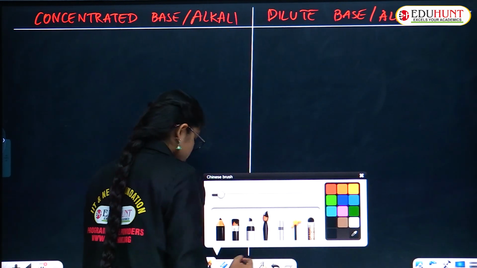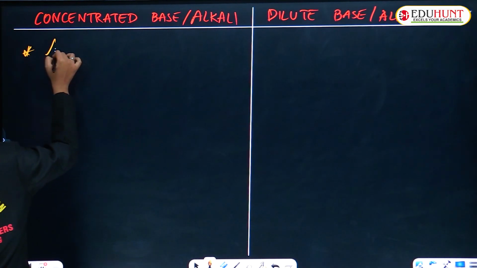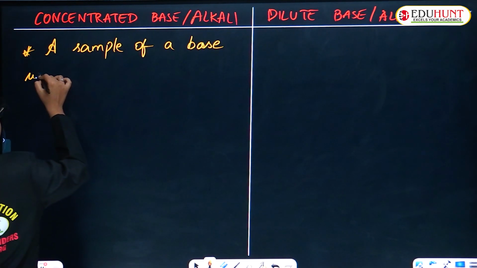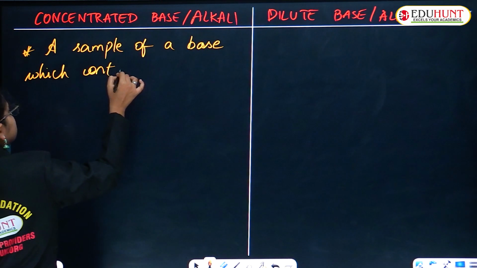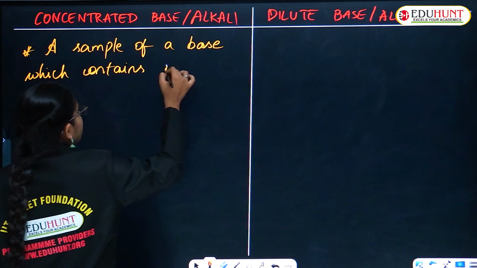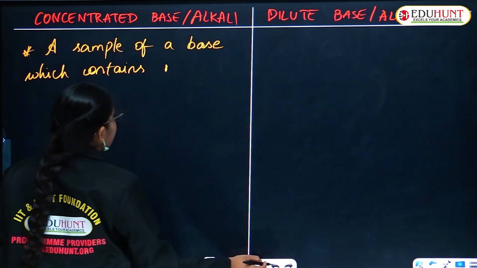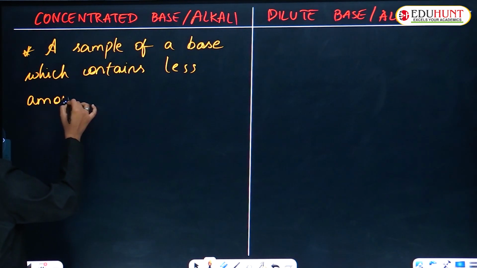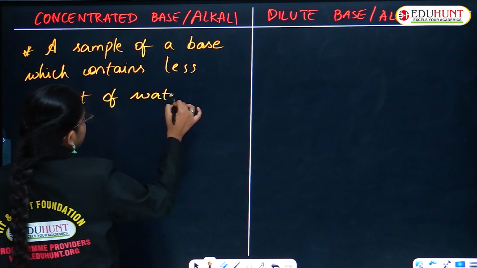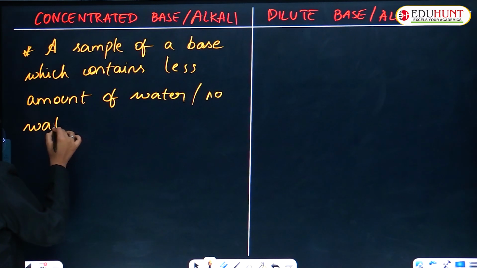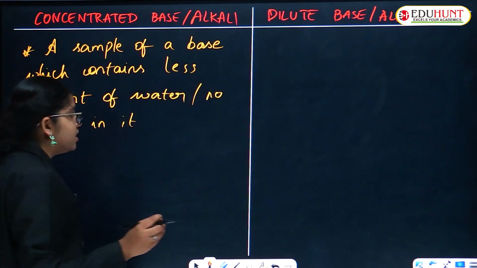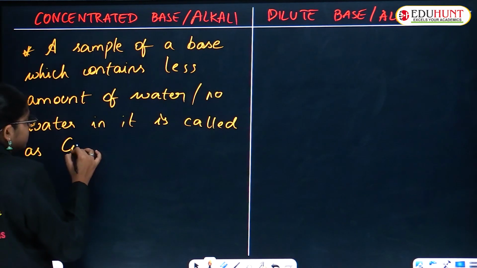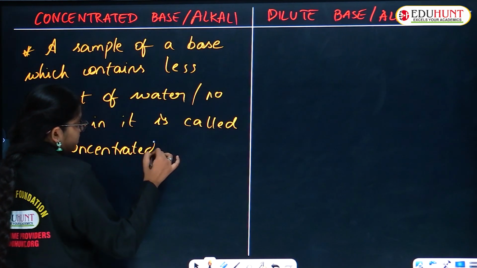Now the definition: a sample of a base which contains less amount of water, or simply no water in it in the given sample, is called concentrated base or concentrated alkali.